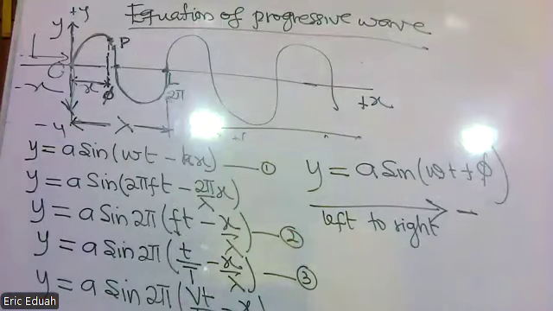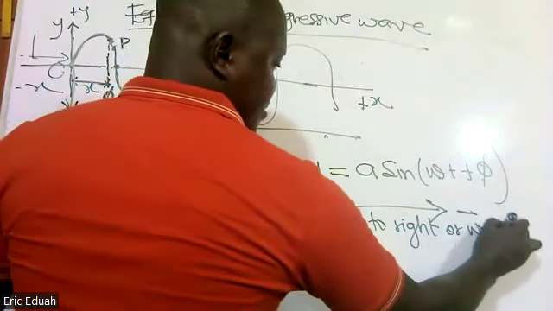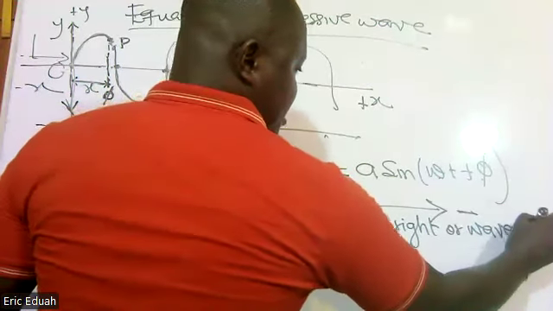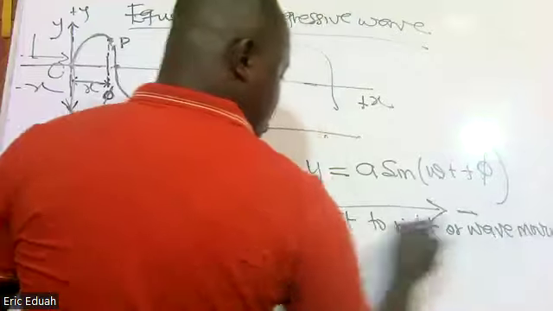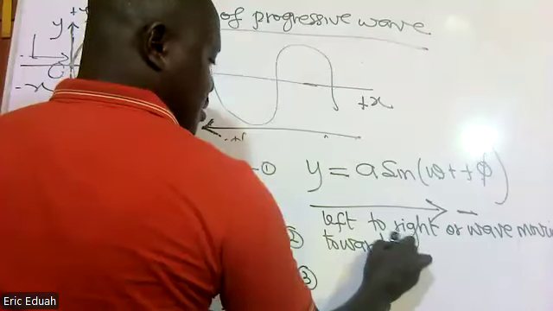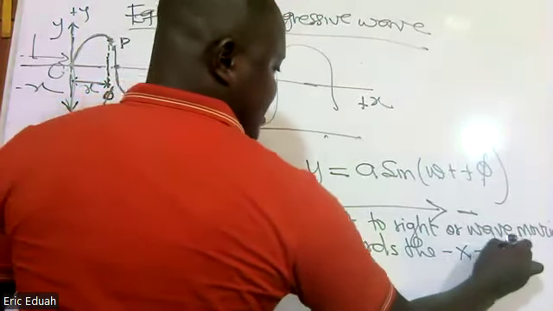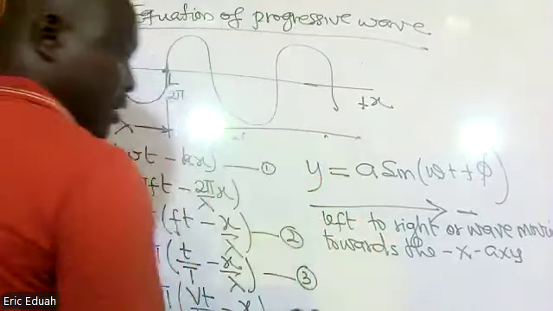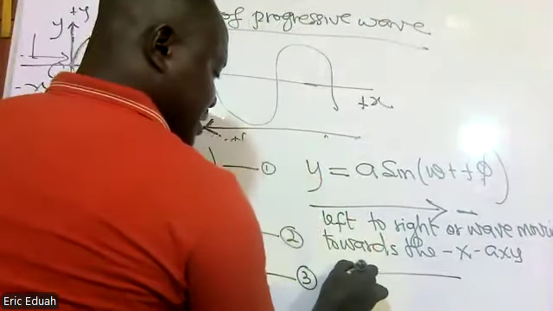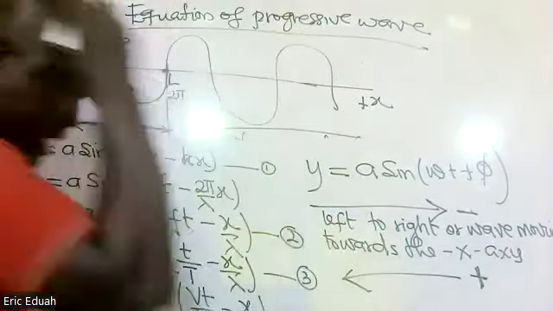Or the wave is moving towards the negative x-axis. Now, if it's like this, the operator in the middle will be plus.